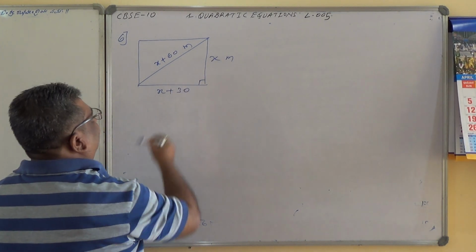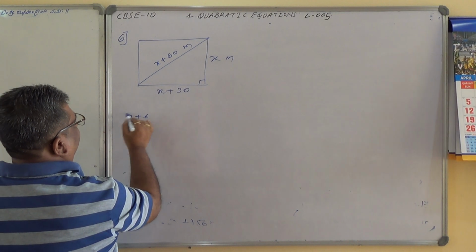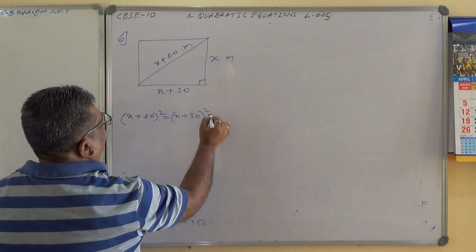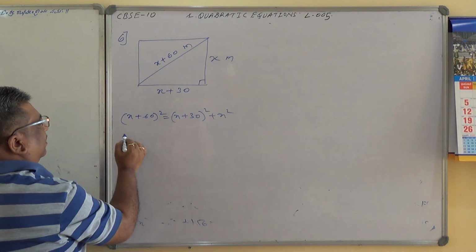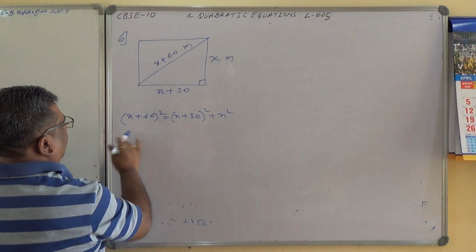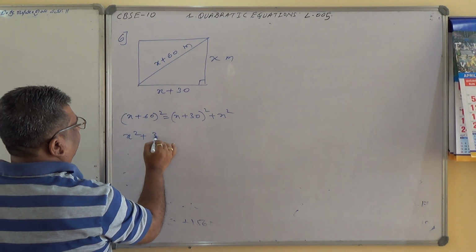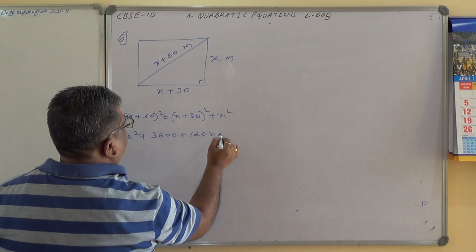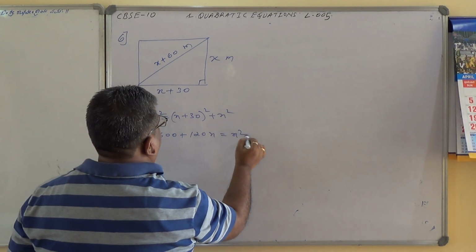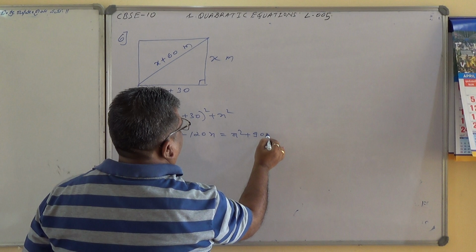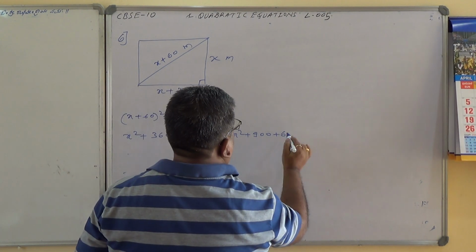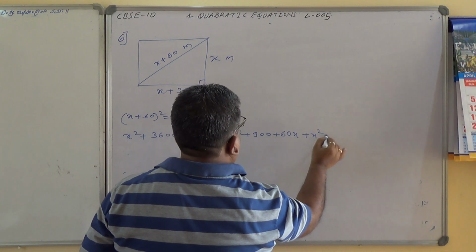By Pythagoras theorem, x plus 60 the whole square equals x plus 30 the whole square plus x square. So x square plus 3600 plus 120x equals x square plus 900 plus 60x plus x square.